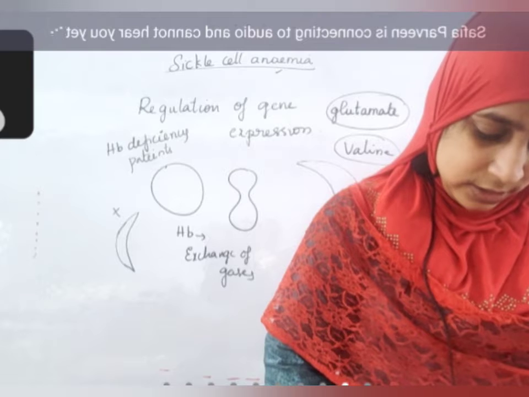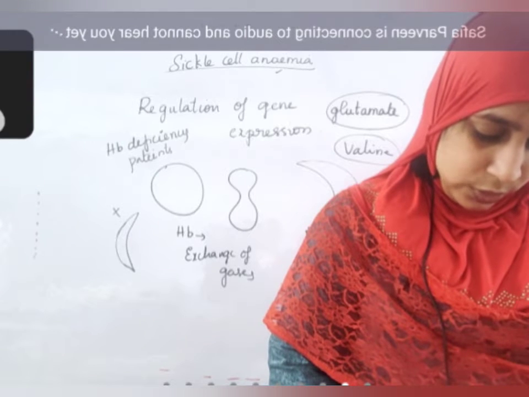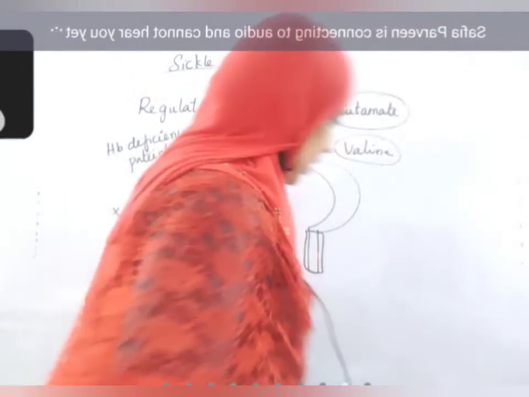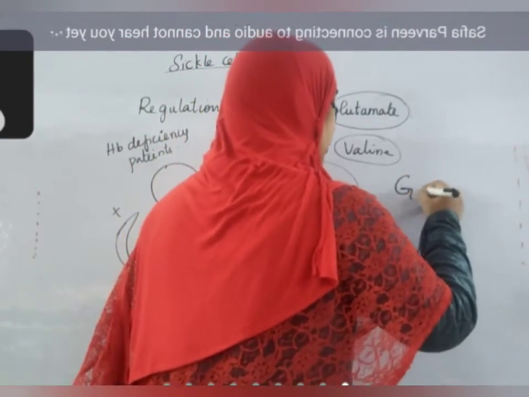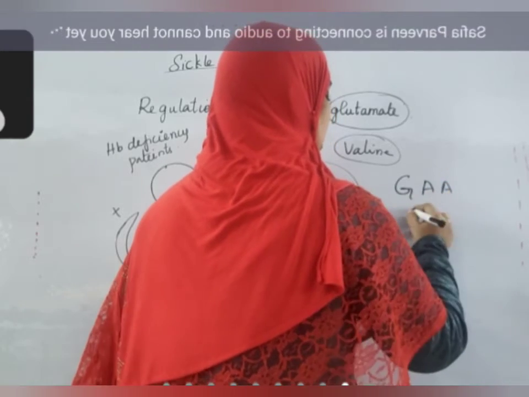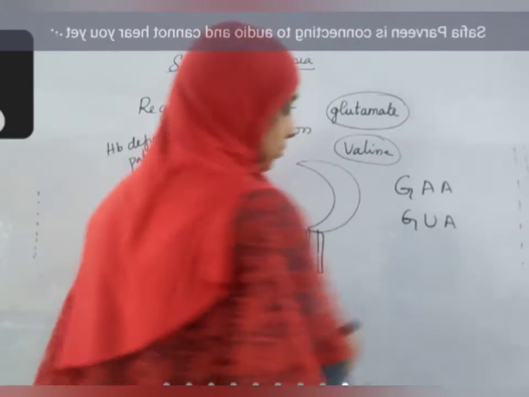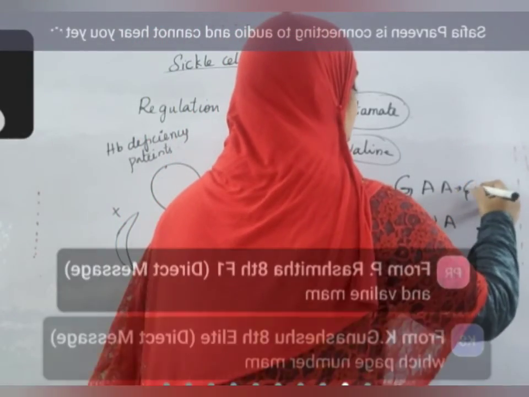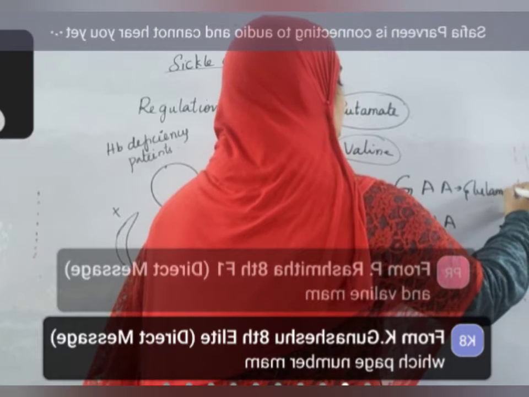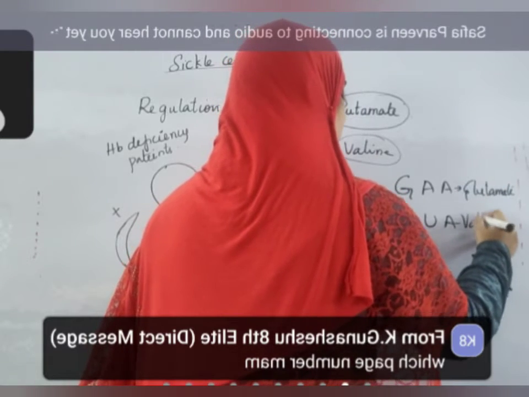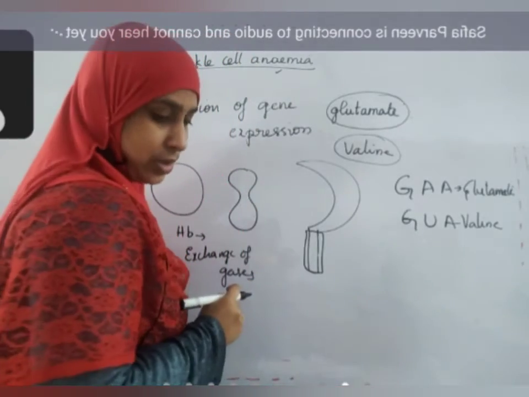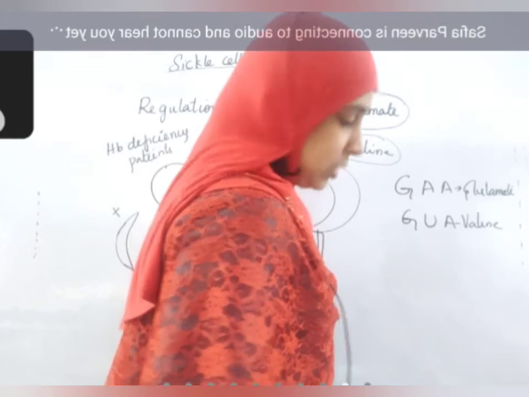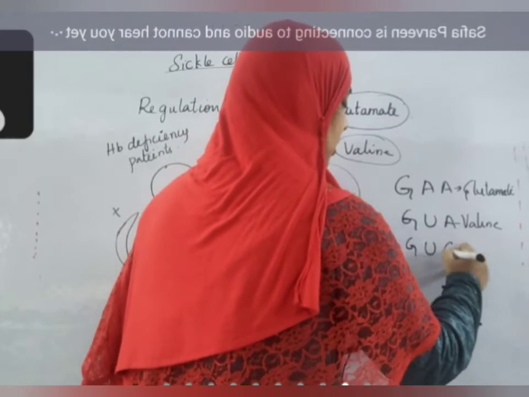What are the codes for valine? GUU, GUC, GUA. Instead of GAA, if it forms GUA, or GUC... GAA is glutamate. Instead of glutamate, if valine is formed, two letters are changing.